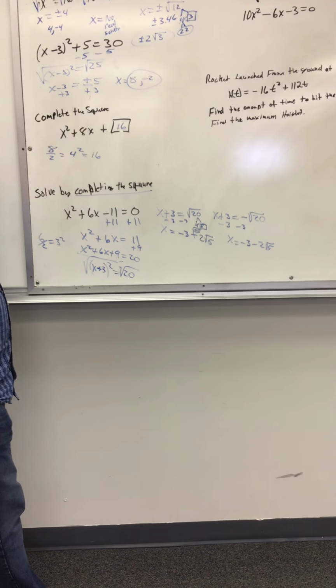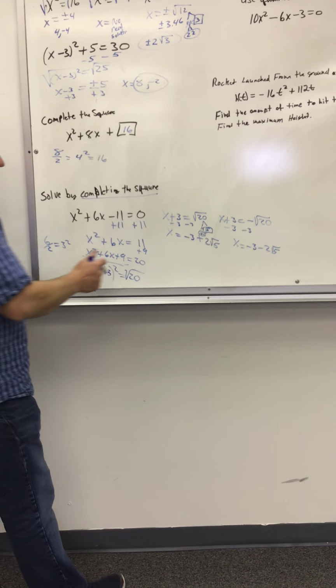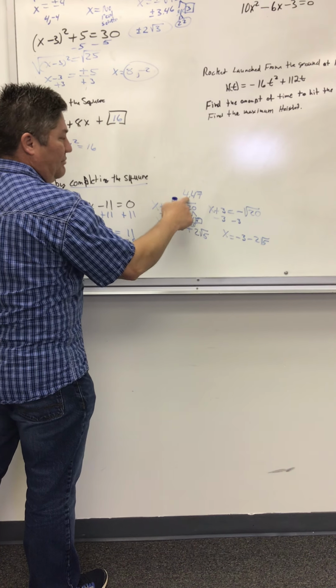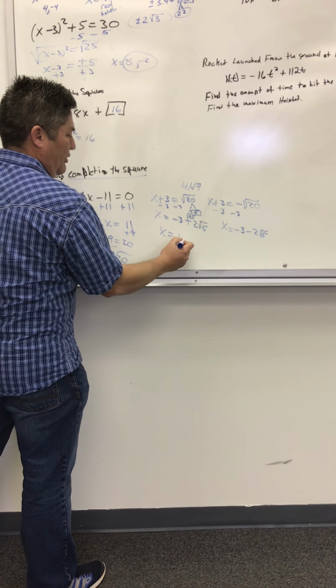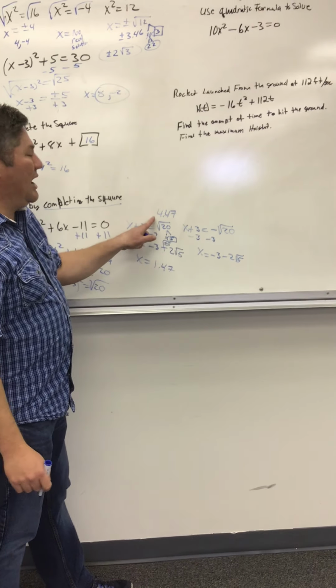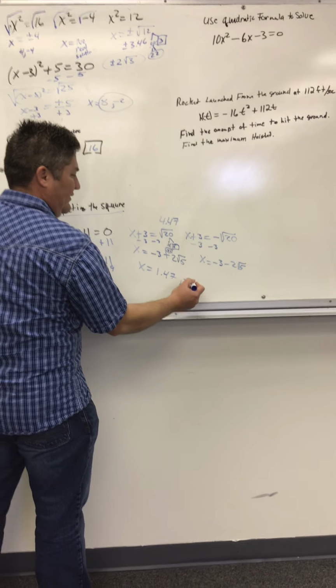If it wants decimal form, the square root of 20 is actually 4.47. So I would take negative 3 plus 4.47. That's 1.47. And then I would take negative 3 minus 4.47. That's going to be negative 7.47.